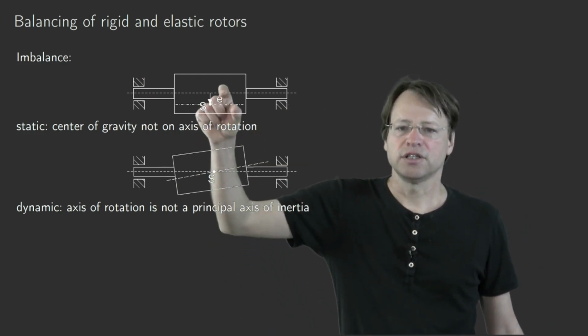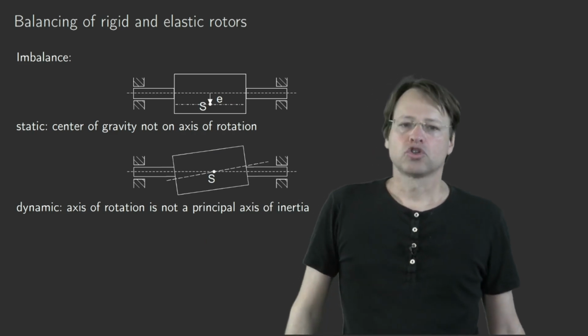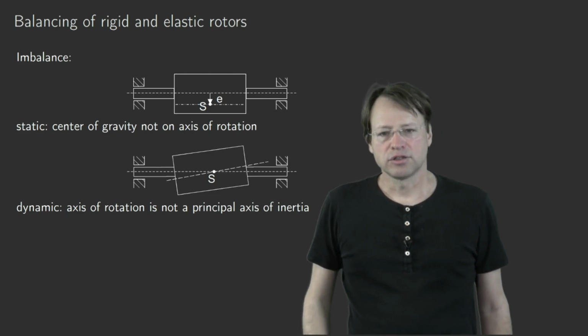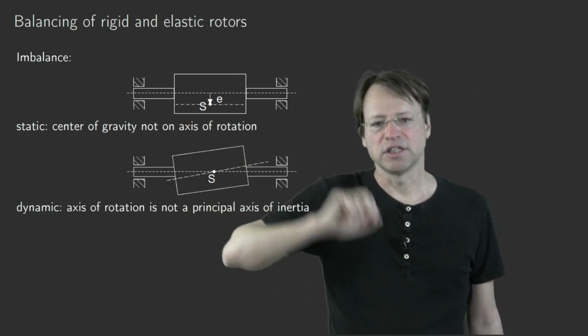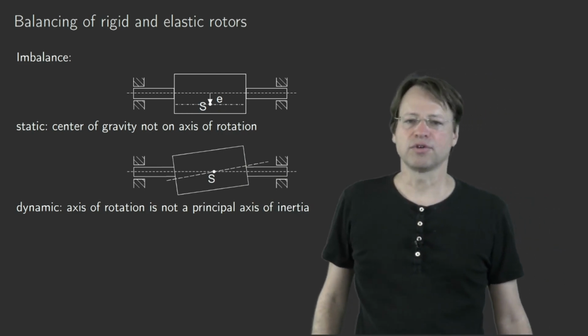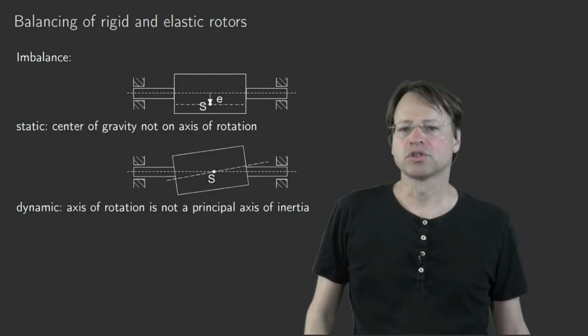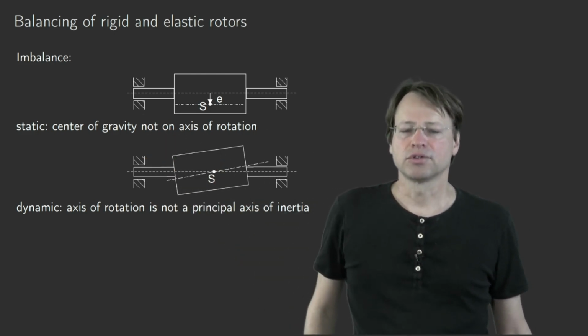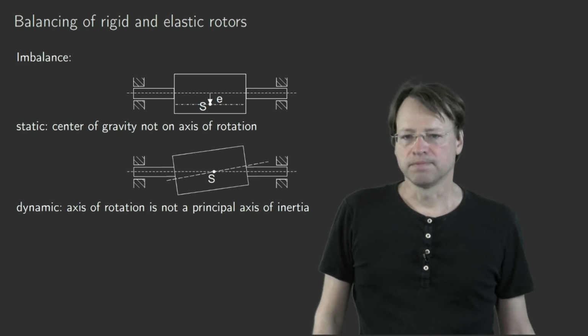There is a deviation, an eccentricity, and that eccentricity leads to an imbalance due to the rotation. The mass can be seen as being concentrated in the center of gravity, and then there are accelerations, and these accelerations cause forces, bearing forces, and these bearing forces grow for high-speed rotors.